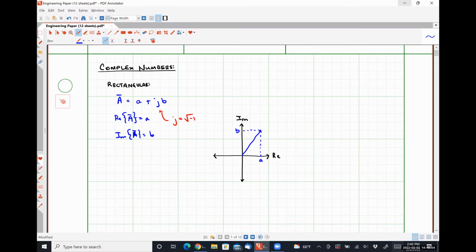As we can see, our complex number forms an angle in relation to the horizontal axis. So I'm going to call this angle theta A, which allows me to come up with an alternative way to express a complex number. So we're going to call it the polar form representation.